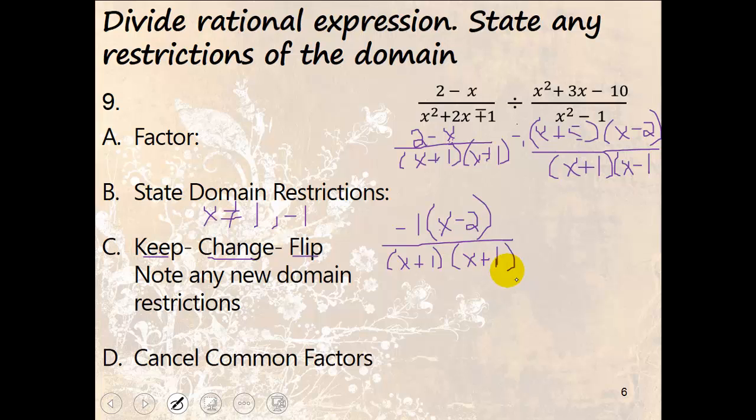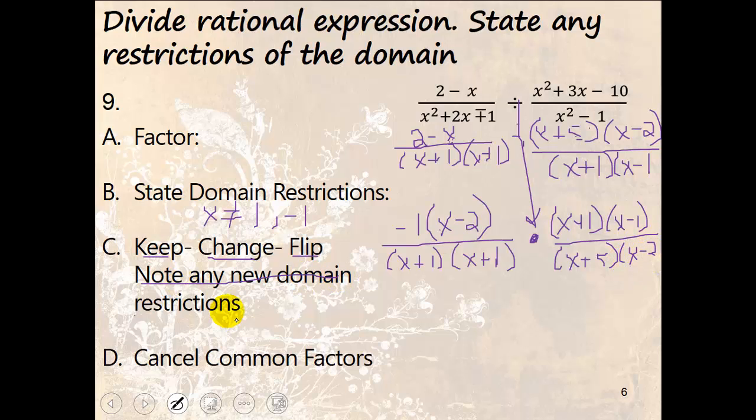Now, change means take this division and make it a multiplication, okay? And then flip means take this second fraction and flip it. X plus 1, x minus 1 goes on the numerator, and then x plus 5, x minus 2.